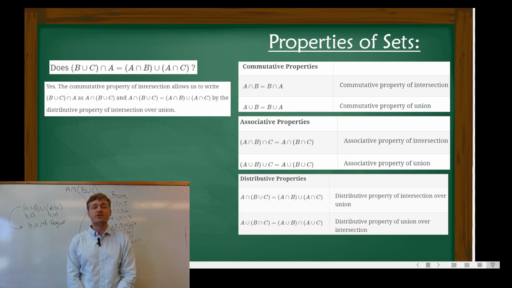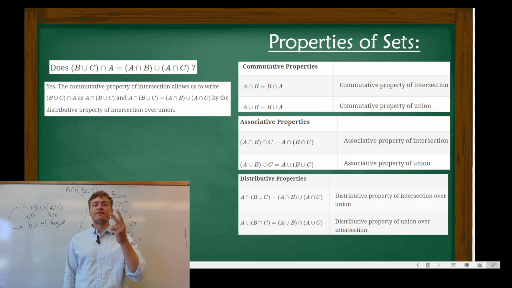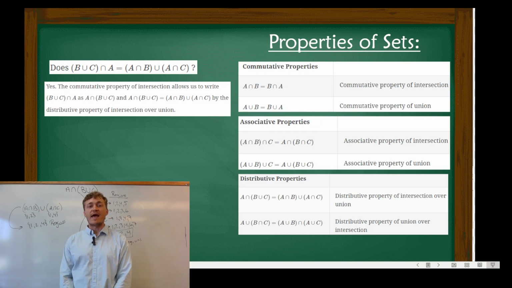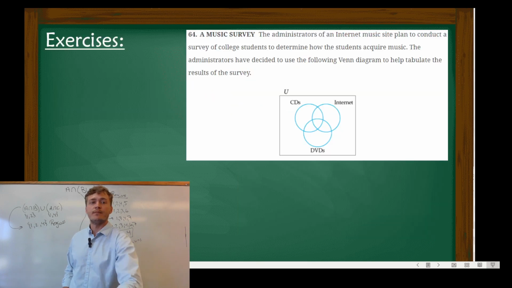All we did was take that expression and flip it around. According to the commutative property, we can flip around an intersection. We took the A and the parentheses B union C, and we flipped them around. We are still going to get an equivalent distributive property thanks to our commutative property.